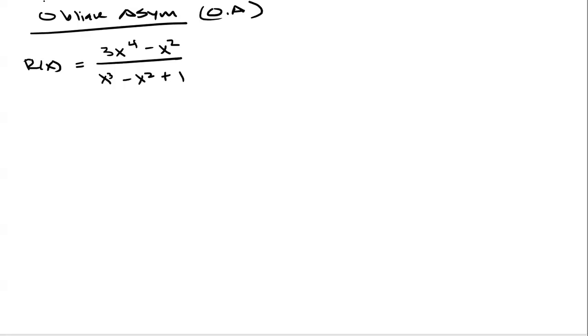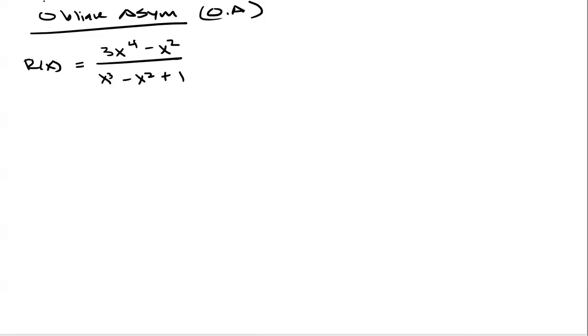So remember, if the numerator is bigger than the denominator in regards to the power by at least 1, then we will have an oblique asymptote. So how do we do that? Well, in order to find the oblique asymptote, we need to do long division.